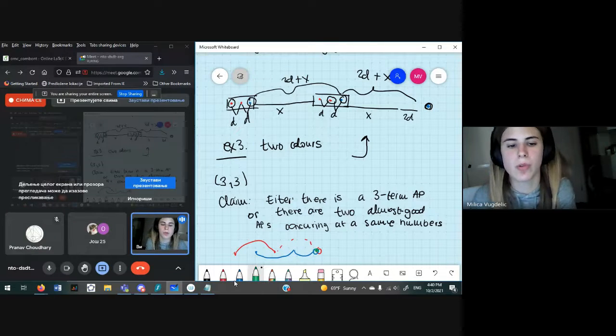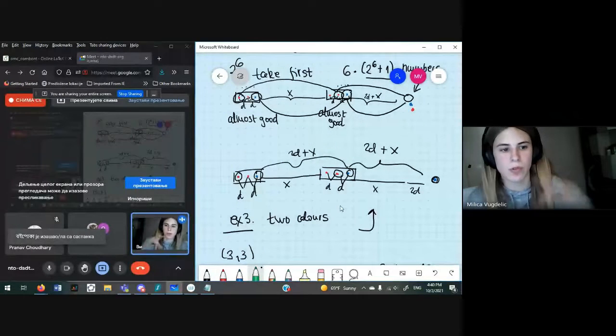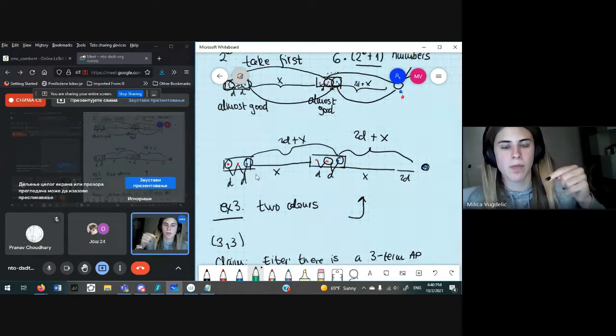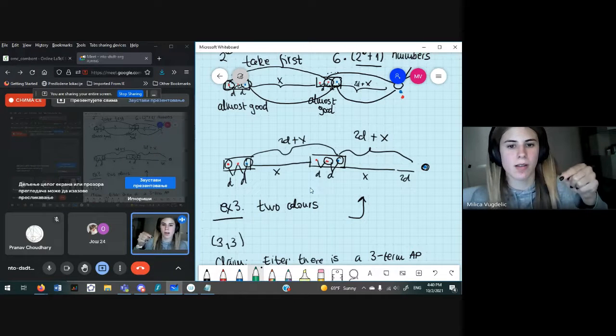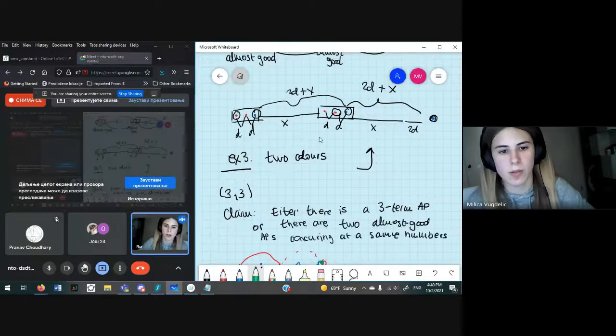So with the same reasoning as we did here, we want to find an almost good pair, which will be just the W of the previous function, and take enough of the almost good blocks so we could do the same argument.